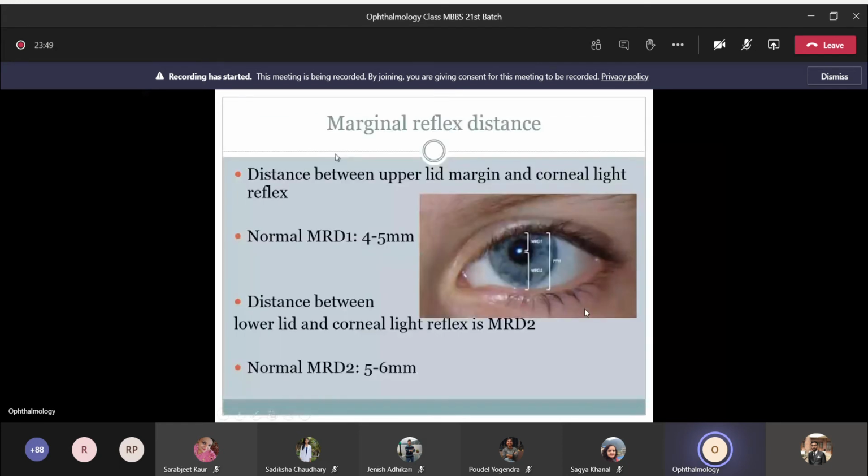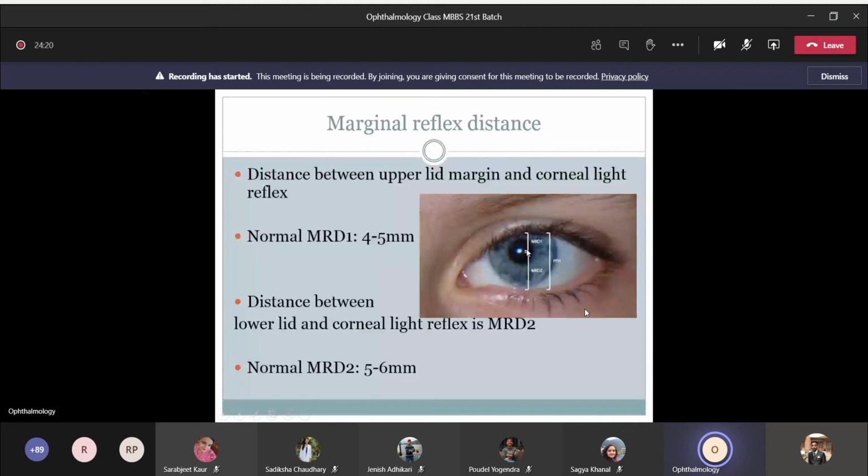Another important thing in evaluation of ptosis is MRD, which is known as marginal reflex distance. We have MRD1 and MRD2. MRD1 is the distance between the upper eyelid margin and the corneal light reflex. This distance from the upper eyelid to the corneal light reflex is MRD1. This is normally 4 to 5 mm.